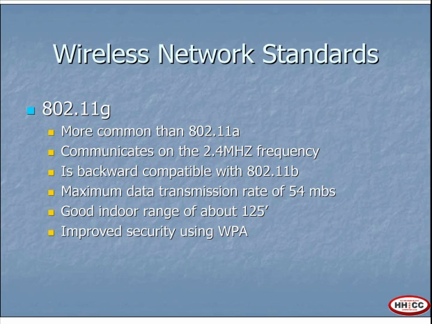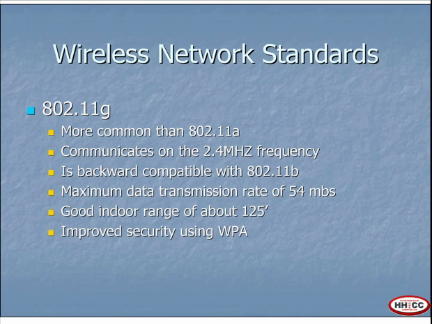Next is the 802.11g protocol. This is more common than 802.11a, and today it's becoming more prevalent than 802.11b also. It communicates on the 2.4 gigahertz frequency. It is backwards compatible with 802.11b because it uses the 2.4 gigahertz frequency. Maximum data transmission rate is 54 megabits a second.